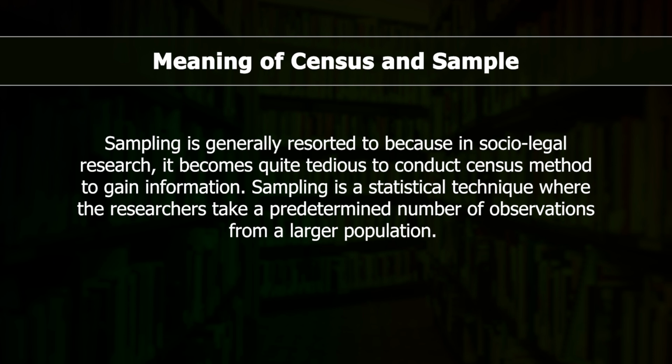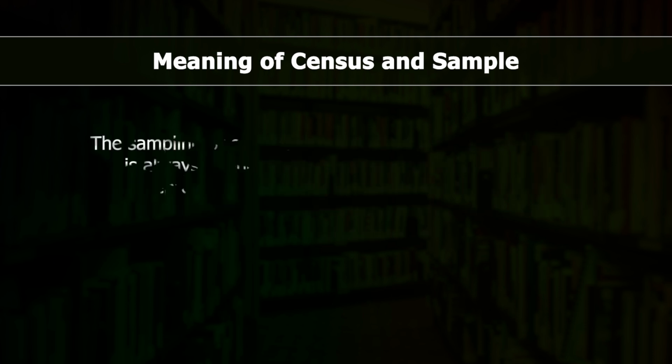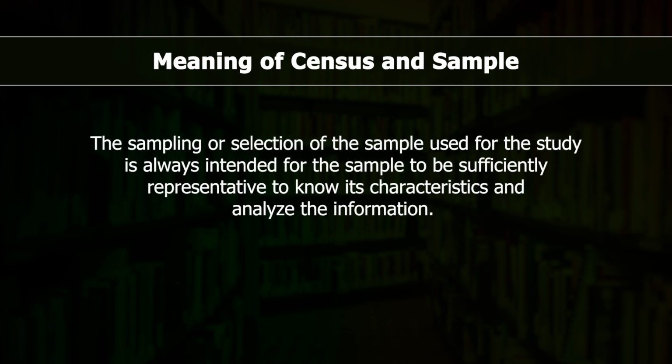Sampling is a statistical technique where the researchers take a predetermined number of observations from a larger population. The sample selected for the study is always intended to be sufficiently representative to know its characteristics as well as to analyze the information.